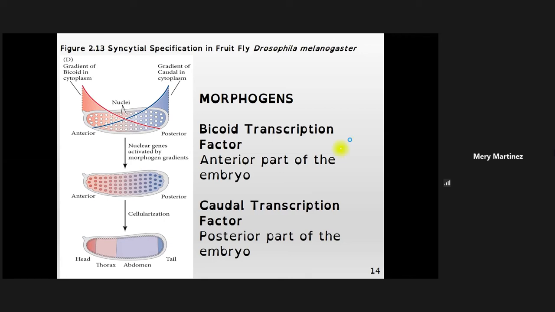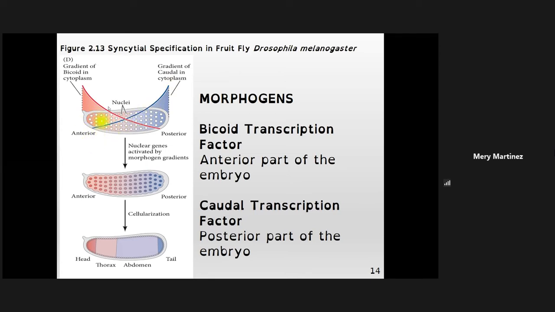So here we have bicoid cytoplasm, with greater concentration in the anterior part and lesser concentration in the posterior part. And then here we have the gradient for the caudal part that is high at the back and very little in the front.